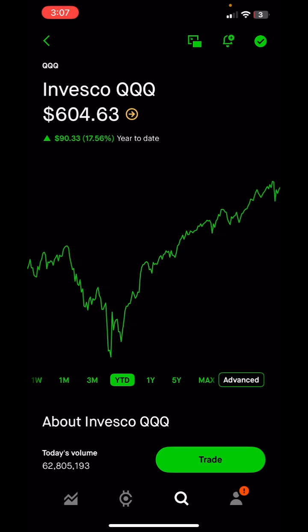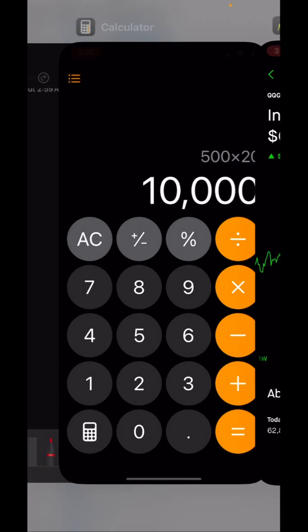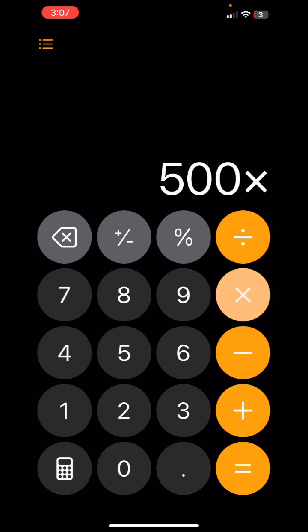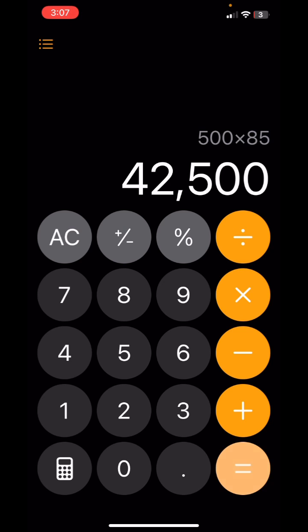So 515 all the way to 600. That's an $85 move. Now we go back to do our math. 500 times 85. $42,500. So that's just 10 months from January to current.